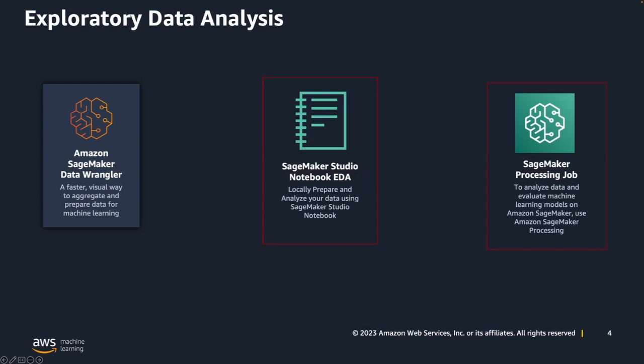Or finally, we can leverage SageMaker processing job to prepare and analyze your data at scale. In today's webinar session, we're going to be focusing on SageMaker Notebook EDA, quickly introducing how we can run exploratory analysis on Studio notebooks, and finally, how you can process the same job at scale using processing jobs.